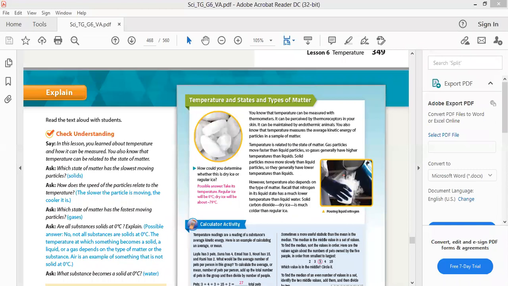Kareem, did you hear the question now? Hello? Did you hear the question? Yes. Yalla, tell me. The temperature depends on what? It depends on the types of matter. Yes, the state of matter.